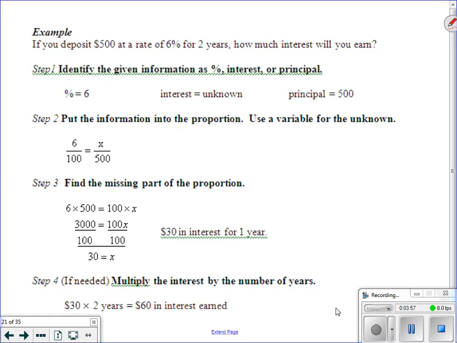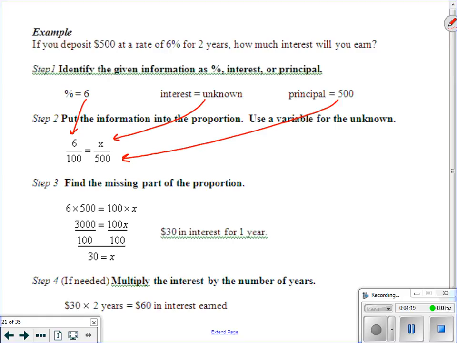So we've got 6%, that's going over the top of the 100. The interest is what we don't know, that's what the question is asking. So that's why we're using a variable for that. And then the principal of 500, that goes below the interest. So now we've got a proportion set up and we can solve that.